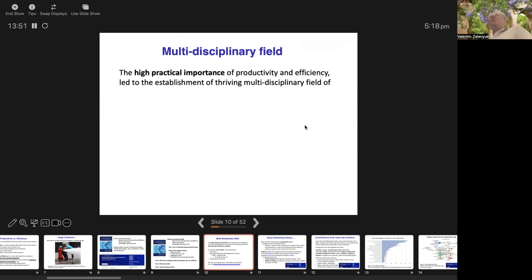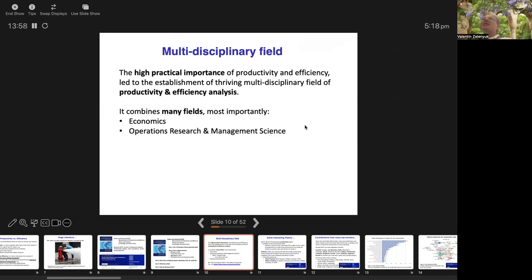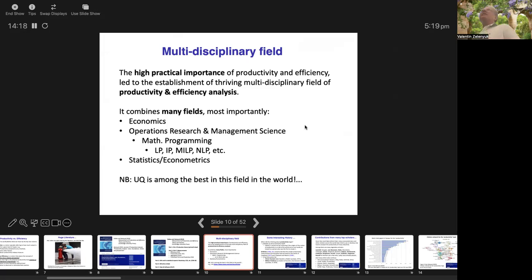Many scientists focused on this, and it became a multidisciplinary field that combines economics, operations research, management science, which includes mathematical programming or applied mathematics, statistics and econometrics, and also computer science more recently, with machine learning and artificial intelligence, which try to integrate all this methodology.